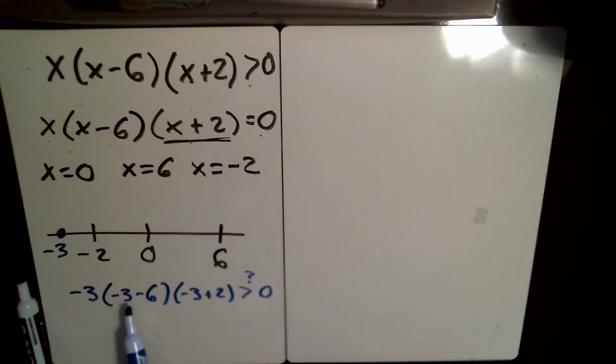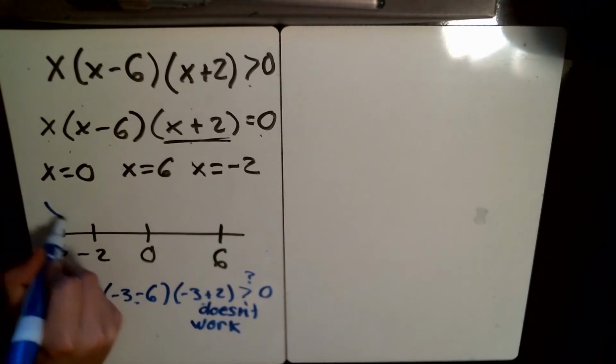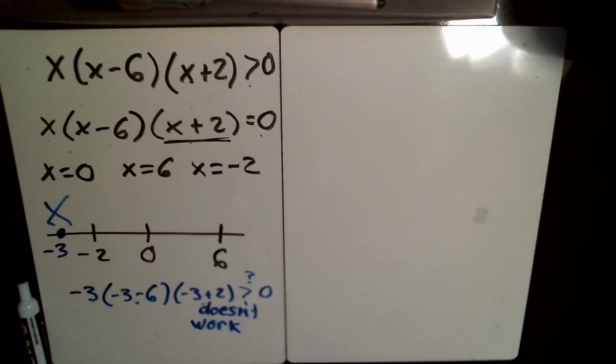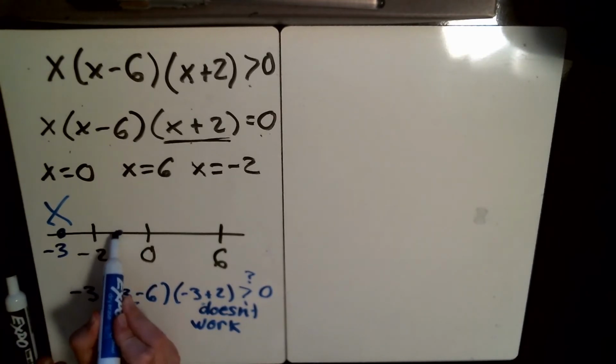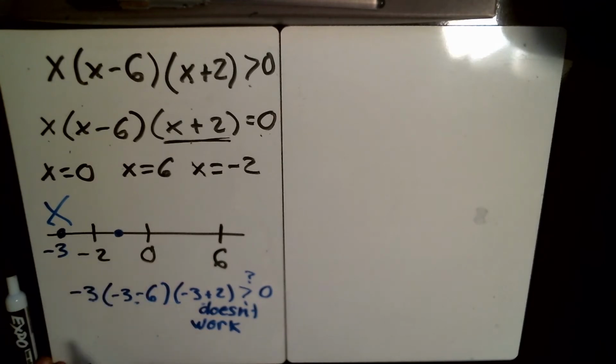So I have negative times negative times negative, which is negative. I've got 3 negatives multiplied together. So this doesn't work; it's not going to be greater than 0. So over here, not good.